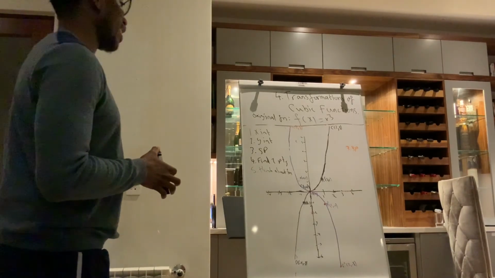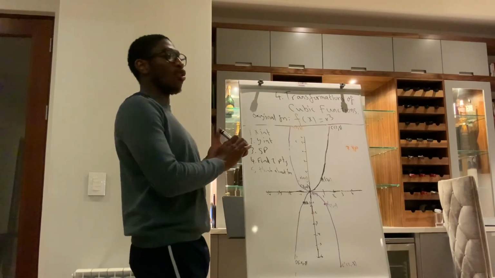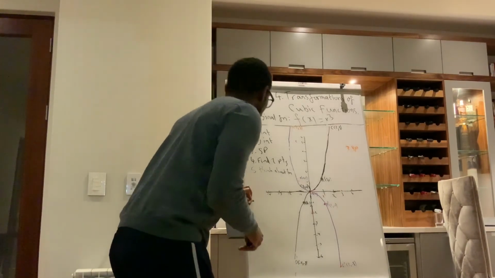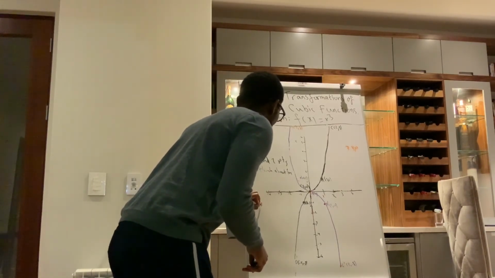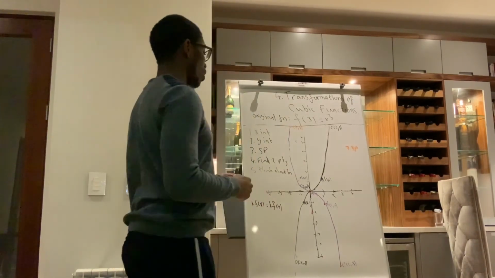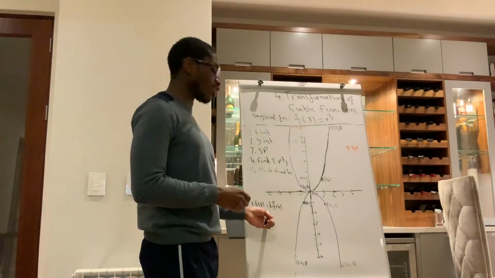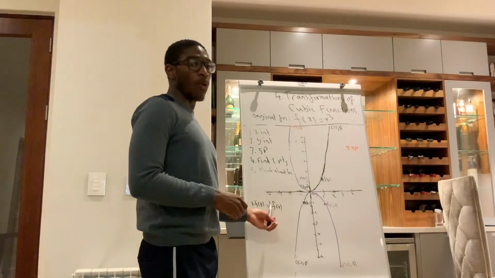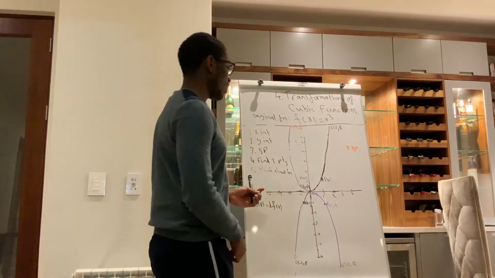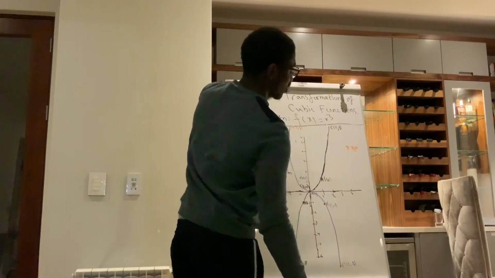So if it's a scalar multiple, so f of x is now equal to k f of x, well then remember, if the number is greater than 1, it's a whole number, then it's going to be a squeezing in of the function or stretching out of the function.